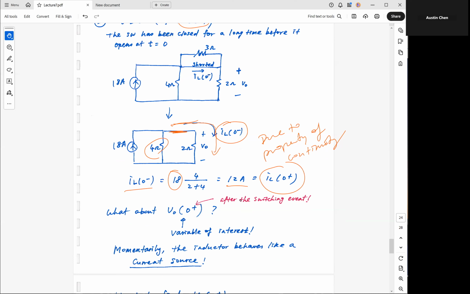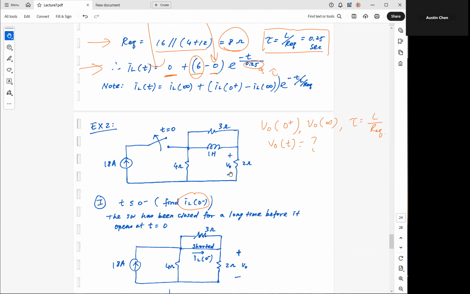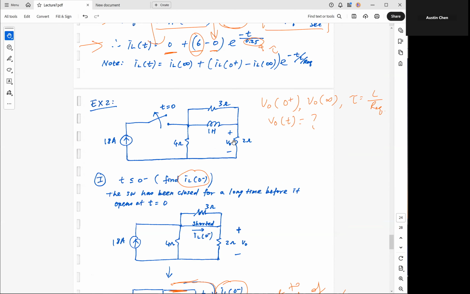Since we are looking at 0 plus, we need to look at the circuit after the switching event. You recall that this is V0, the voltage drop across the resistor.